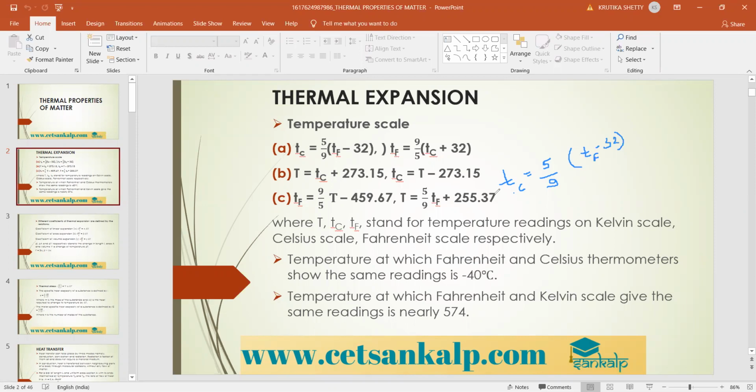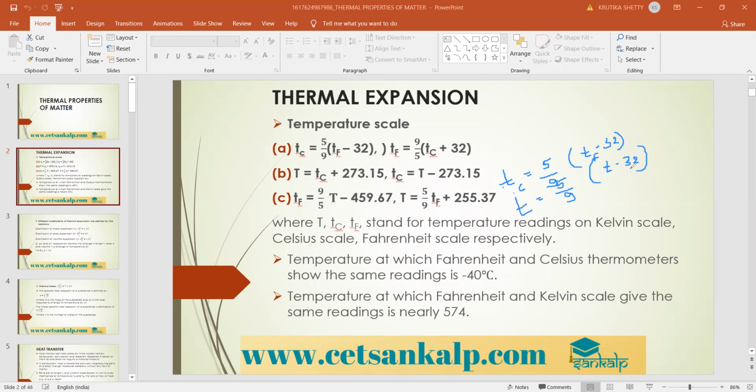So instead of taking them as Tc and Tf, we can take it in general as T. So T is equal to 5 by 9 into bracket T minus 32. I just took Tc and Tf as T. If you simplify this equation for T, you will get the T value as minus 40 degrees Celsius.